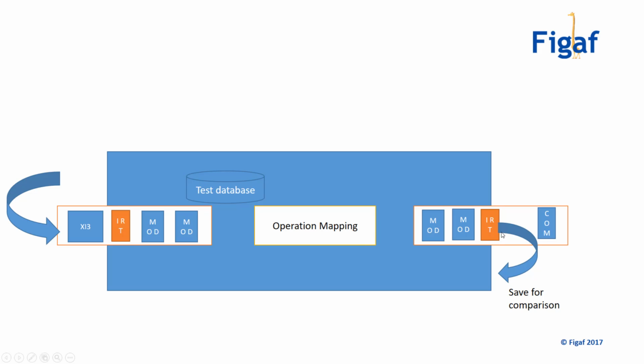It would then reach the IRT module, and we'll take this message and save it for comparison. We'll compare this message with the actual message that we got from your test case. Then the message will normally be delivered to the receiving system, and everything is working fine.